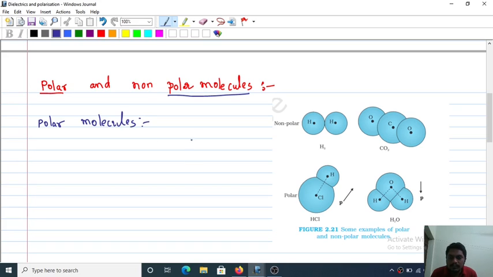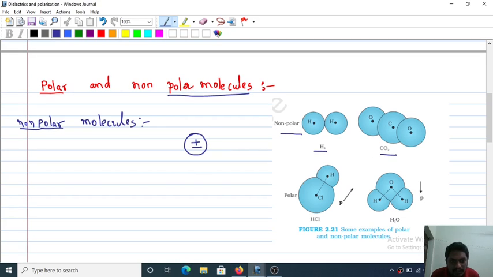If the centers of positive and negative charge coincide at the same point, the molecule is known as a non-polar molecule. First we are discussing non-polar molecules. Examples of non-polar molecules are H2 and CO2.